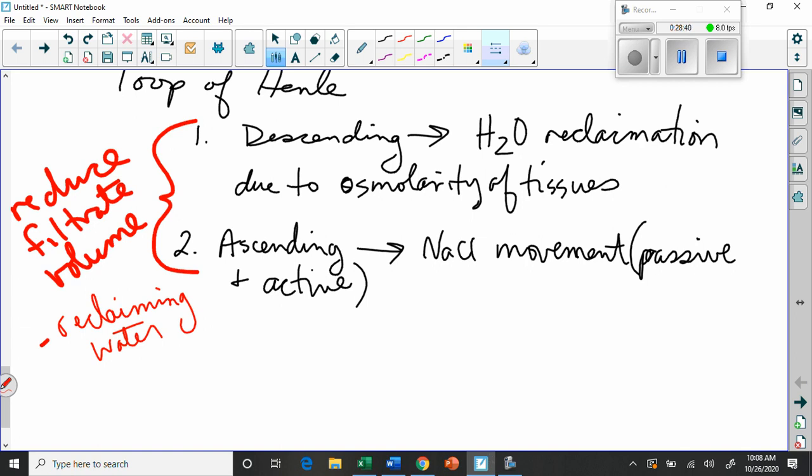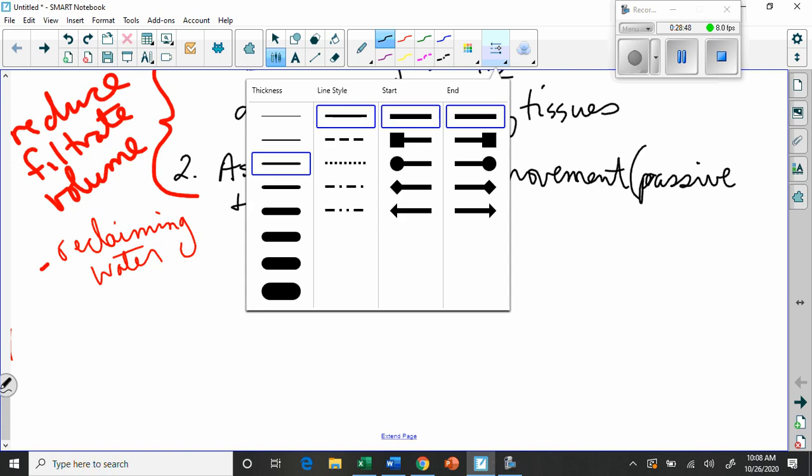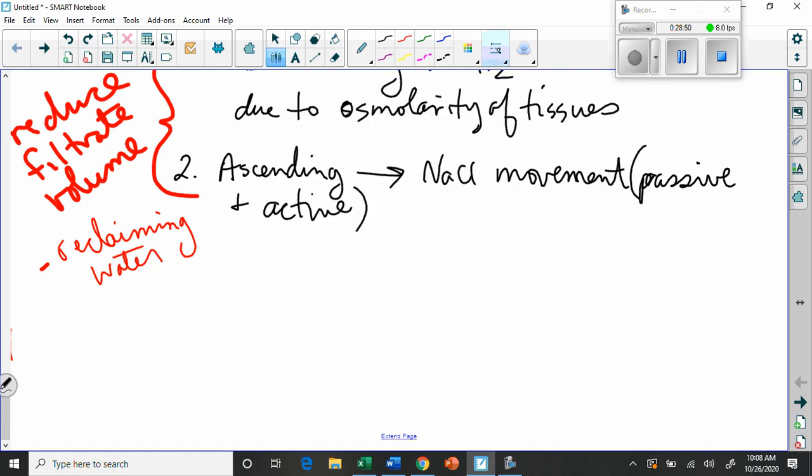And then lastly, we have, well, not lastly, we have two things left. So let's go on to the distal tubule. And the distal tubule is kind of continuing the work of the proximal tubule.